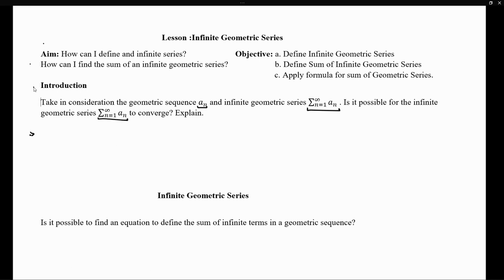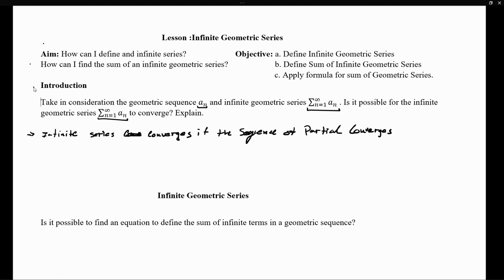Well, it doesn't matter if it's geometric or arithmetic, any infinite series converges if the sequence of partial sums converges.